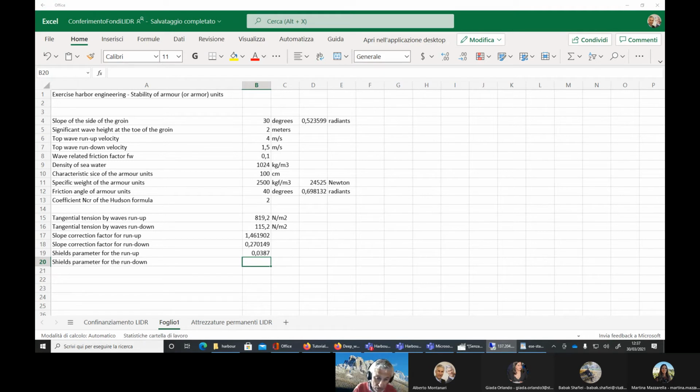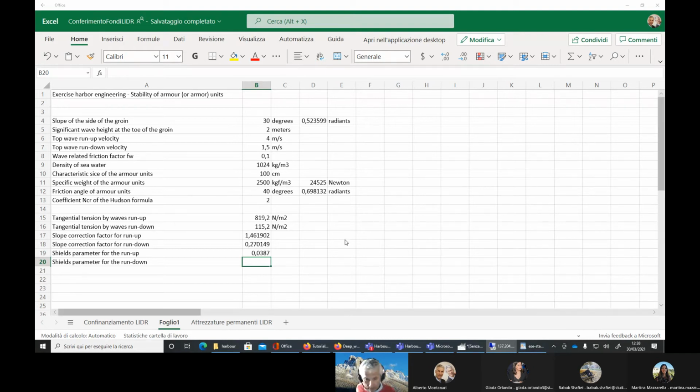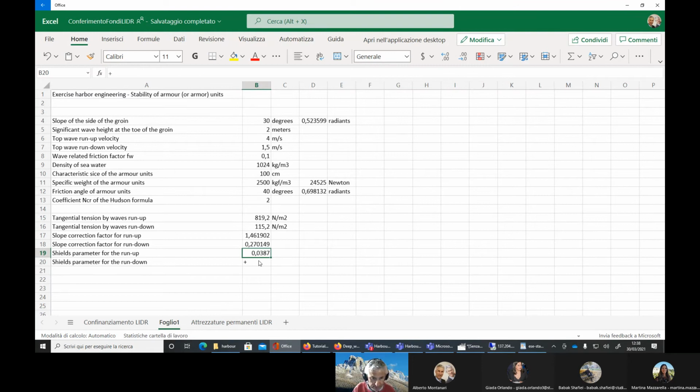Now let me compute the rundown. So plus, again, plus the tangential tension divided by, I open a parenthesis, gamma s minus gamma again. So let me open another parenthesis, minus 2024. Good.